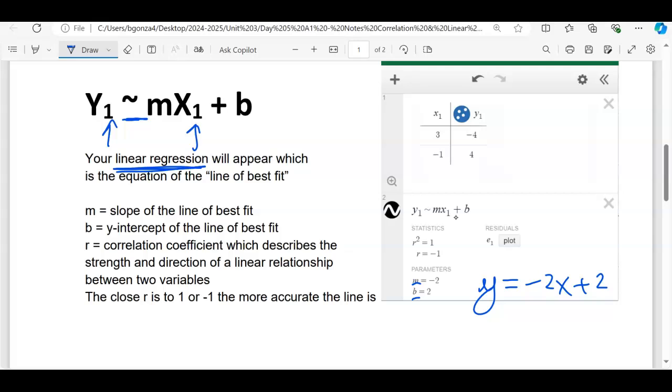What we are doing today is getting a linear regression. And when we get a linear regression, we find the equation of a line, and that line is called the, look right here, line of best fit. The line of best fit is what we get when we do a linear regression.